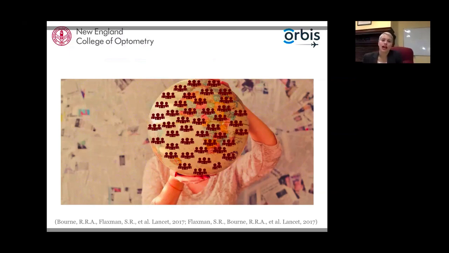But over the last 25 years, two very important demographic changes have happened across the globe. The global population has increased and our global population is aging. So there are significantly more people living beyond their 50s, and this is increasing the number of people who are susceptible to visual impairment, so presbyopia or visual disease.